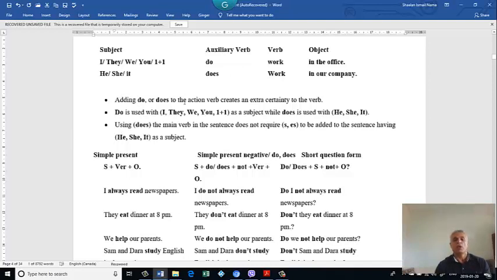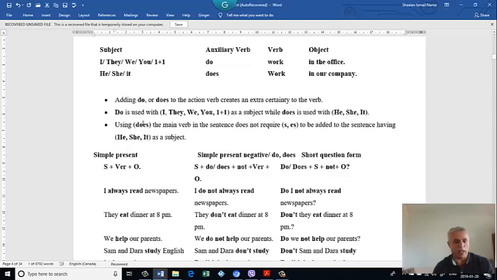Adding do or does to the action verb creates an extra certainty to the verb, meant to give more assurance. Do is used with I, they, we, you, or one plural, or one plus one, as a subject, while does is used with he, she, it. Using does, the main verb in the sentence does not require s or es.